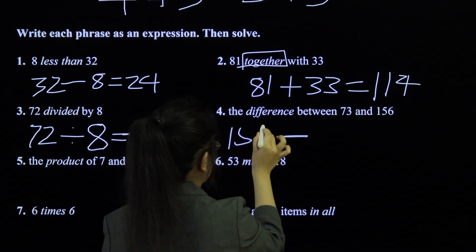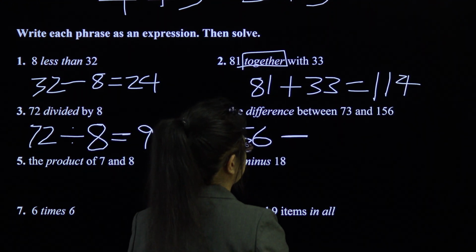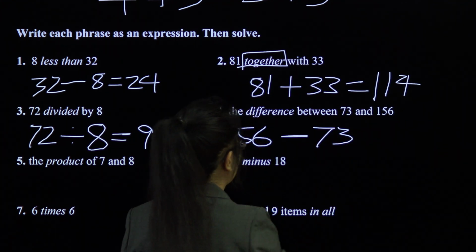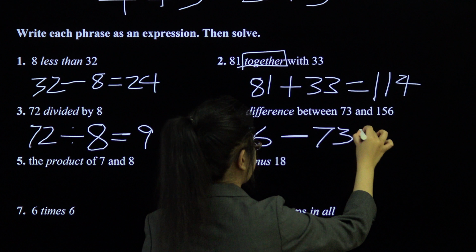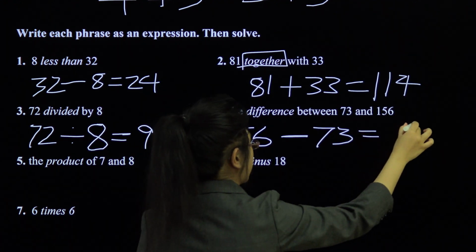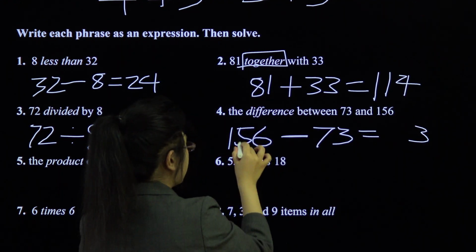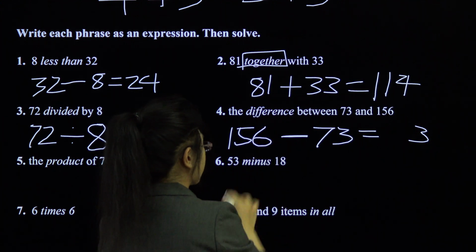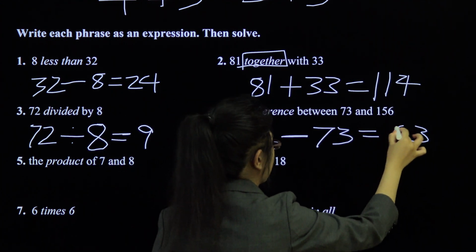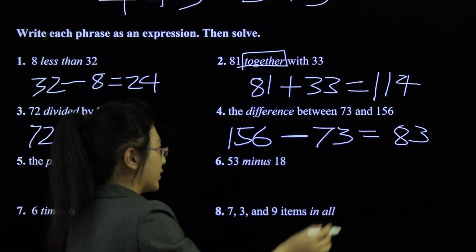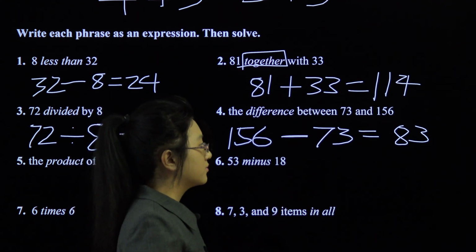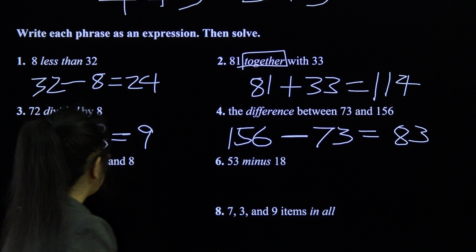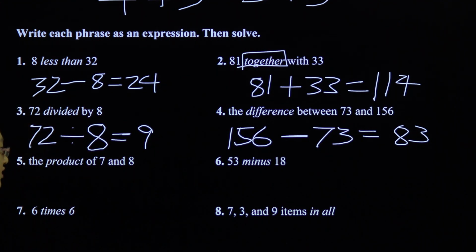And because you guys haven't really done negative numbers yet, it's 156 minus 73. 6 minus 3, 3. 5 minus 7 doesn't work, regroup. 15 minus 7, 8. 1 had 1 regrouped out of it, so now it's 0, so now it doesn't count. So that's just 83. The product of 7 and 8.